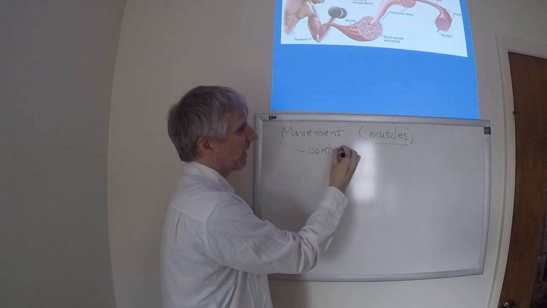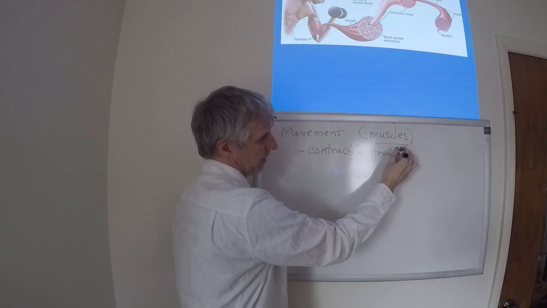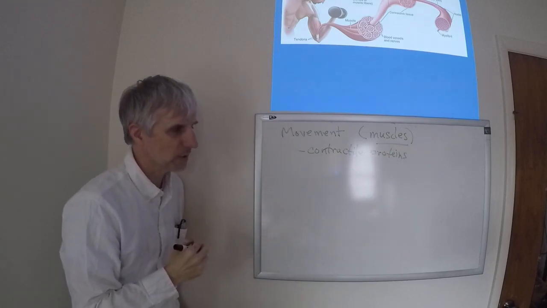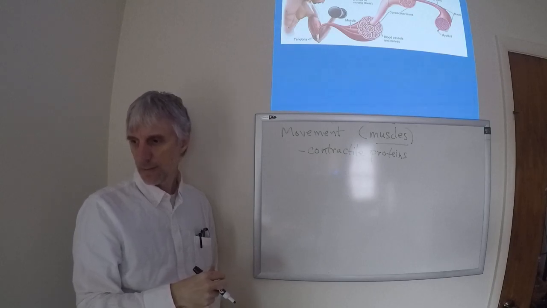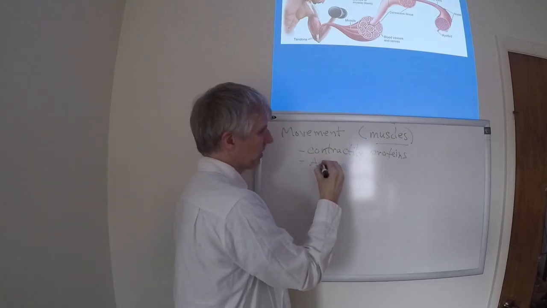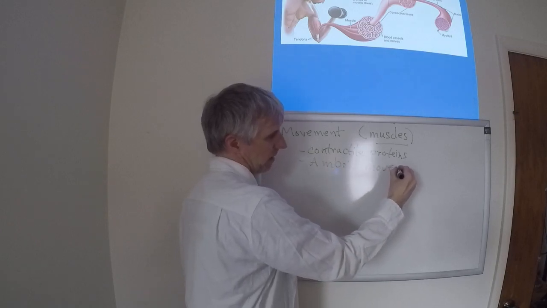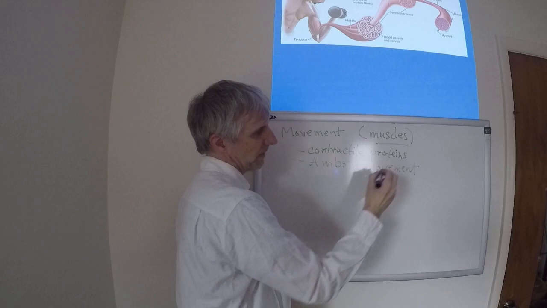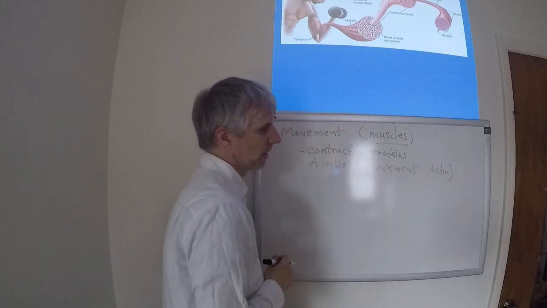Okay? All right. There are other systems of movement besides muscular systems. Things like contractile proteins. And some of the primitive animals can use contractile proteins to move things around. There's also amoeboid movement. Right, that relies on an actin system.